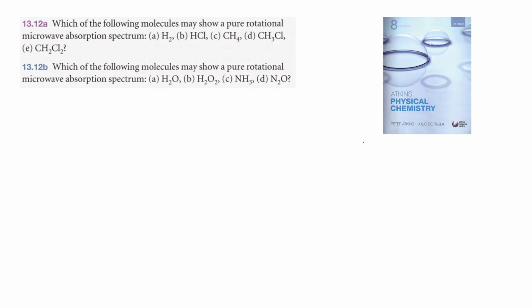So this hydrogen molecule is not going to show me a rotational spectrum because the dipole moment is 0. But HCl is going to show me because it is a polar molecule. Is methane a polar molecule? Methane is not a polar molecule, so it is not going to show me a rotational spectrum because mu is 0.